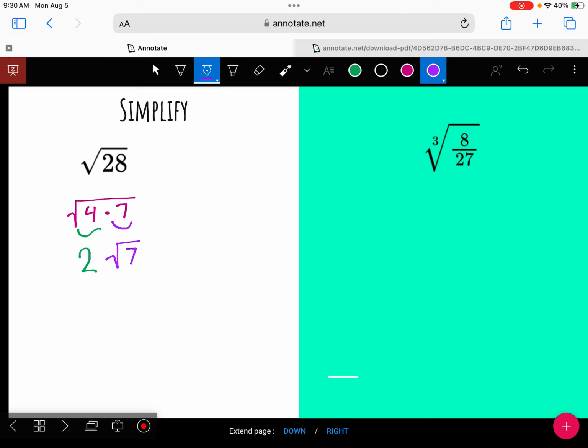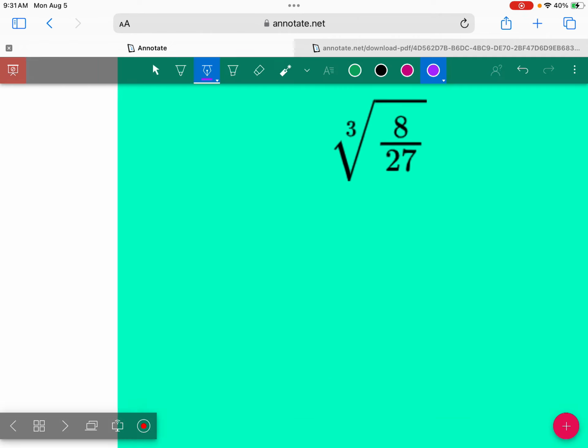So then let's look at this cube root on the right. I have a fraction inside a cube root. So we're going to use one of those radical laws to break it into pieces to make each one easier to work with. So I'm going to bring it in.